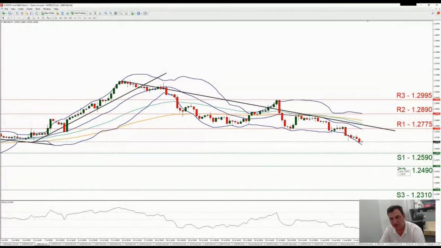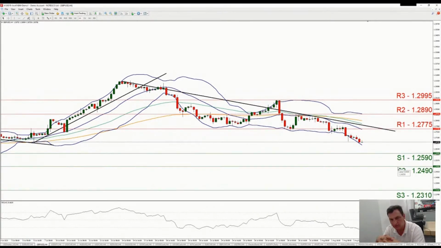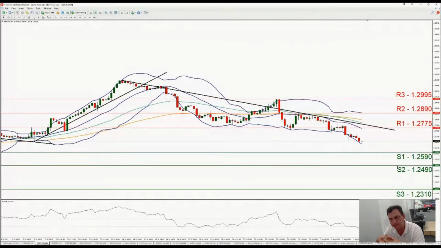There is though a catch here, and the catch is that on a technical level, the fact that the RSI indicator has dropped below the reading of 30, despite showcasing the bearish sentiment for the pair of the market, may be also implying that cable has reached oversold levels and may be ripe for a correction higher.